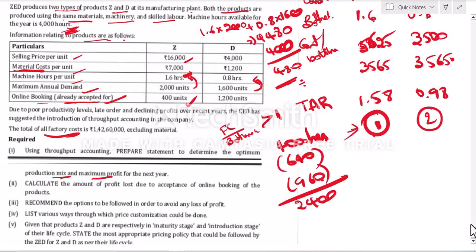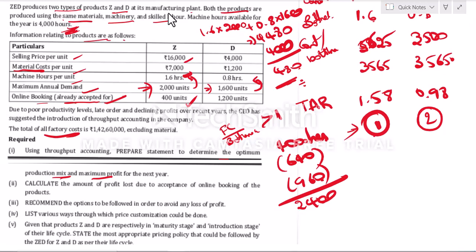What are the other goods? This 2000 demand and 1600 demand. As Z gives more contribution, we need to find Z first. Z needs 2000 units into 1.6 hours, means 3200 they need, but they have only 2400.